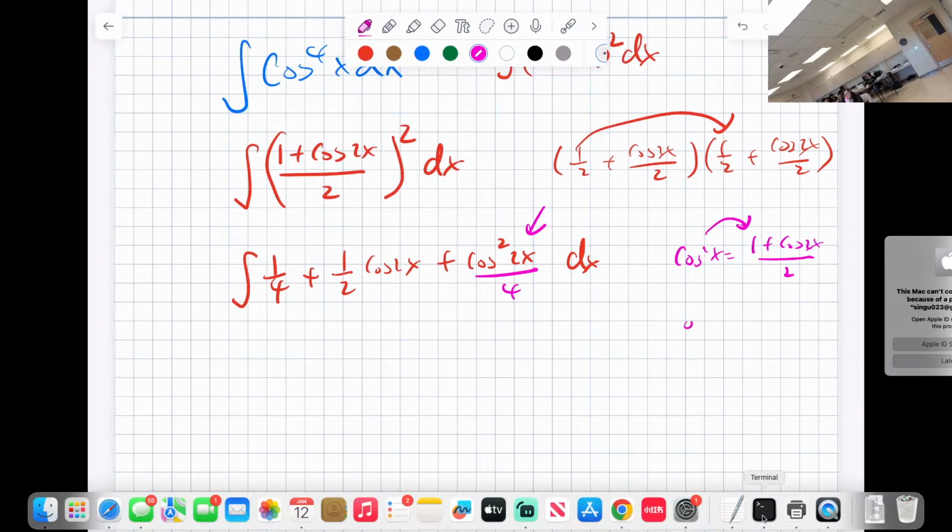Now, what is cosine squared of 2x? What do you think it is? That means everywhere you have x, you double it. So what would it be? 1 plus cosine of 4x over 2.